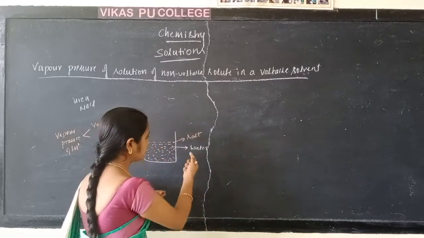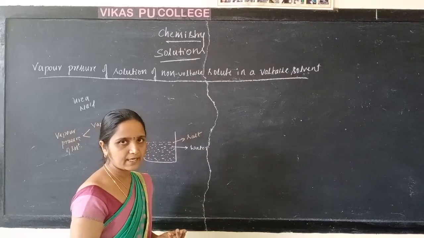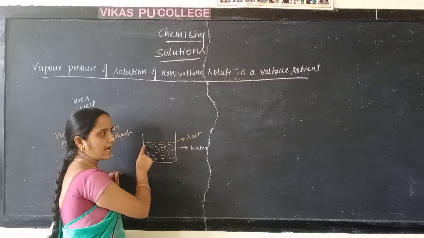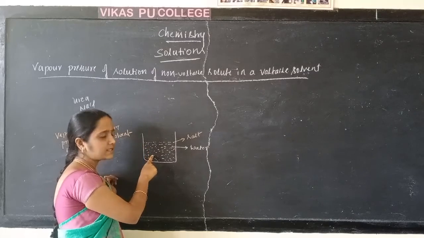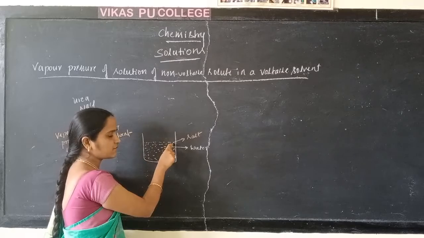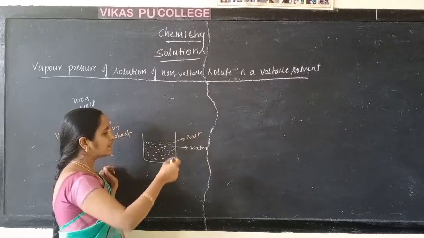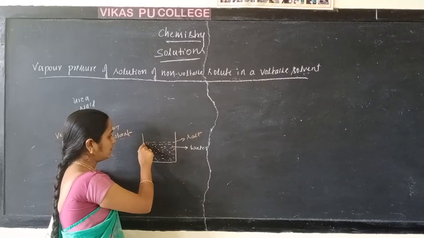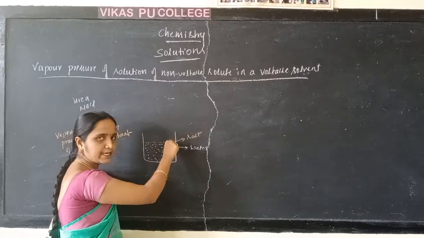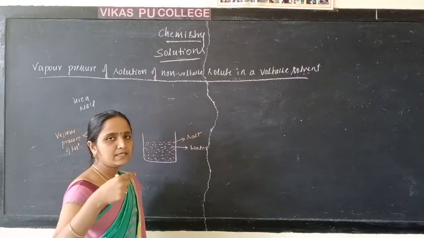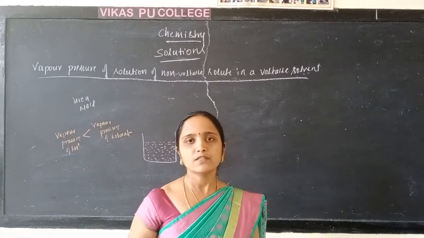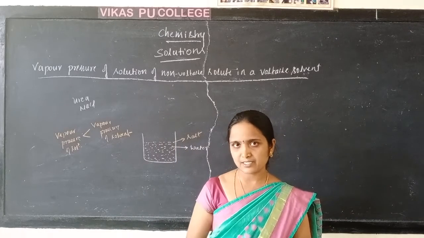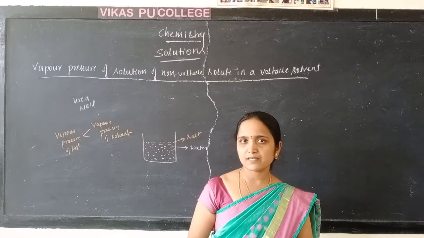Before adding the salt, it contains all volatile solvent molecules. When we add the non-volatile solute, some of the surface of the solution is occupied by the non-volatile solute particles. Therefore, the vapor pressure of the solution decreases.